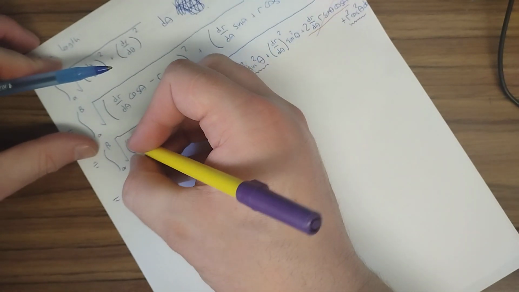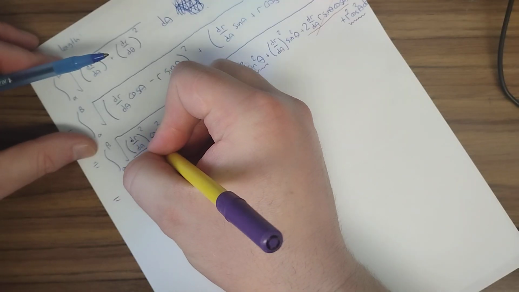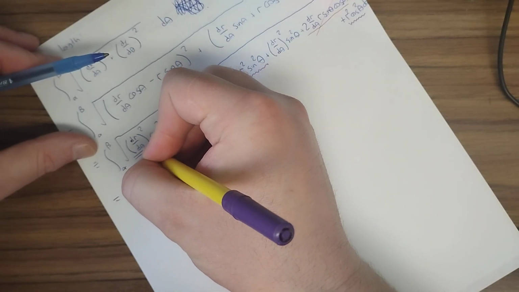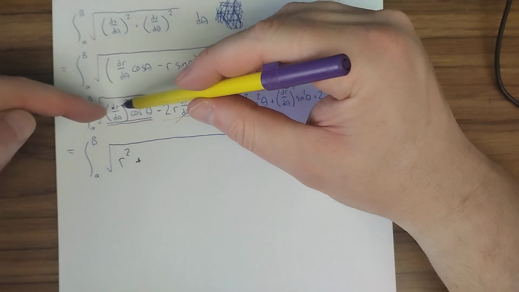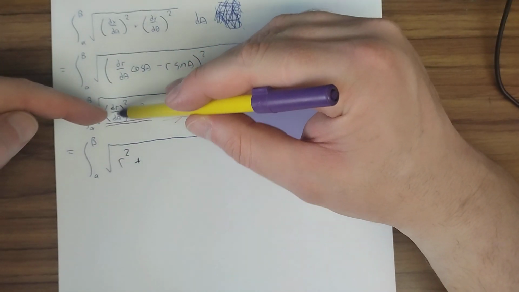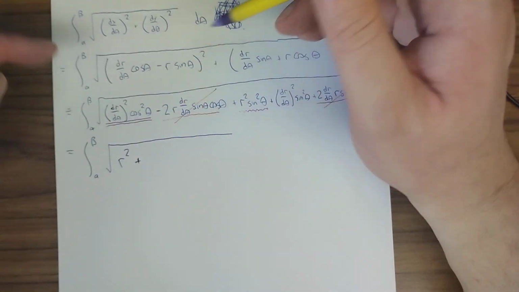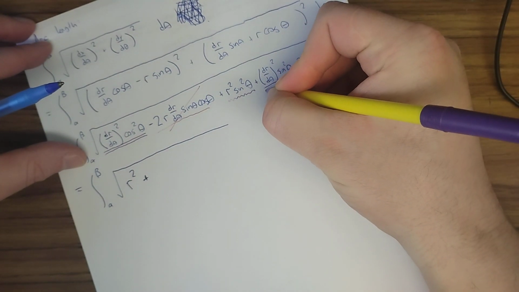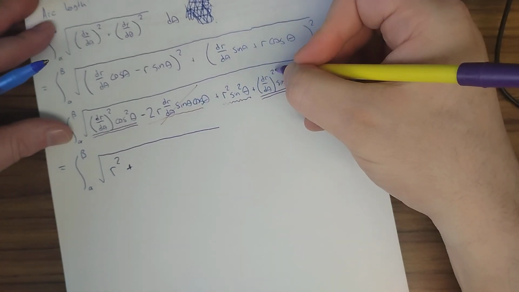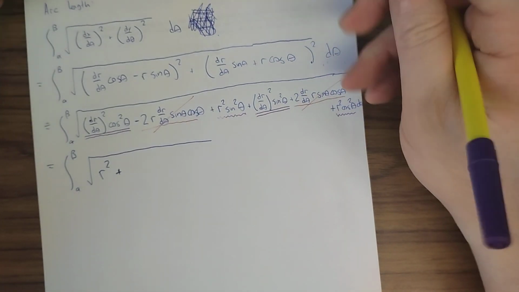Let me use a different style of underlining, because I've got this, which I will double underline. So that's like the derivative of r squared cosine squared. And then I've got the derivative of r squared sine squared.